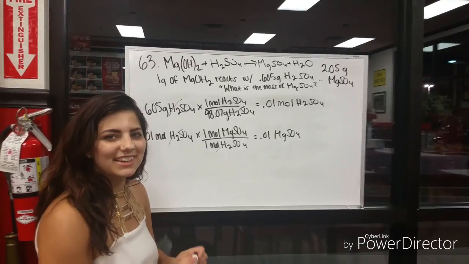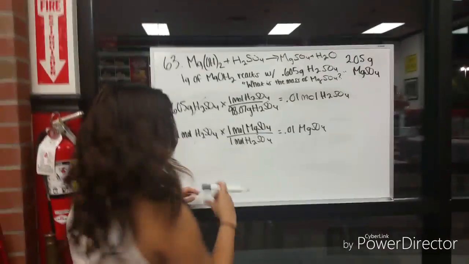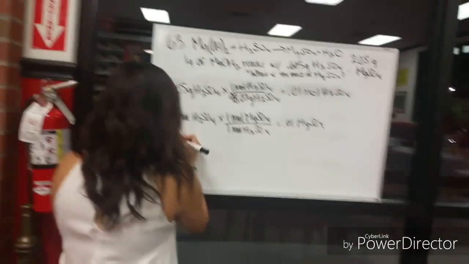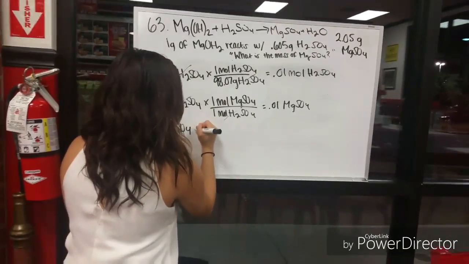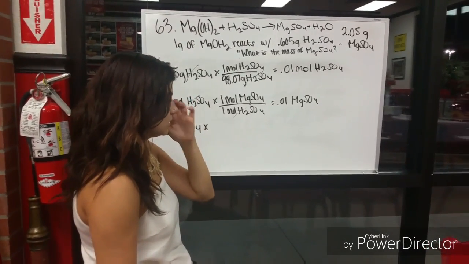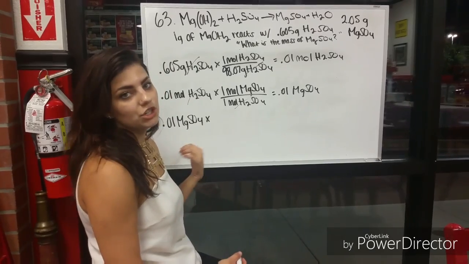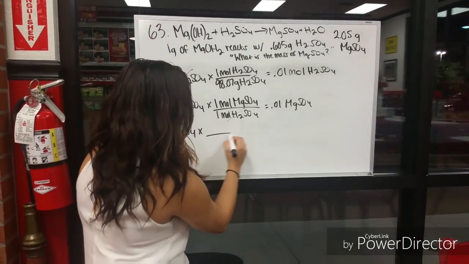And so after this, we're going to use what we got here again, and we're going to do 0.01 moles MgSO4. And we're going to use the molar mass of MgSO4 like we've done the last couple of times.